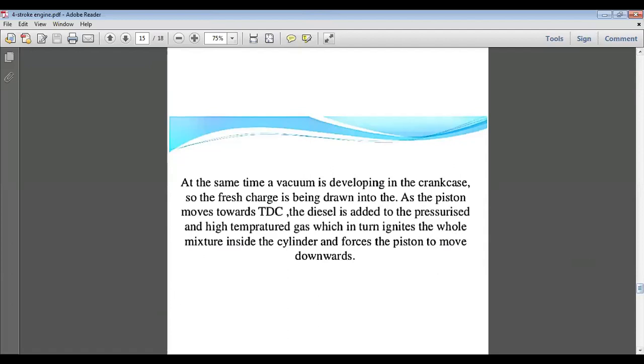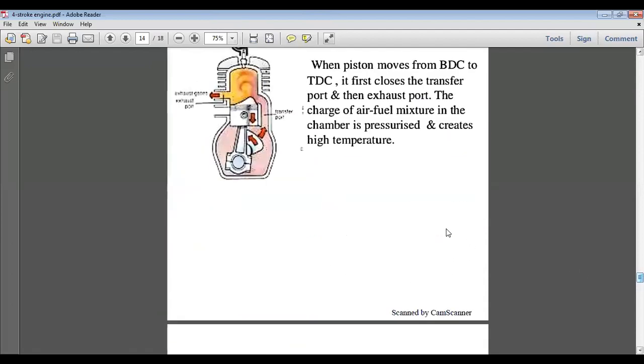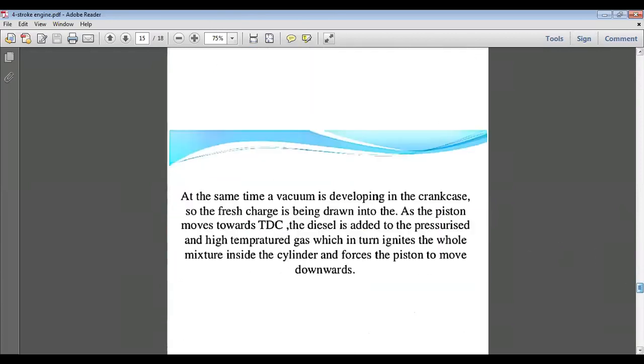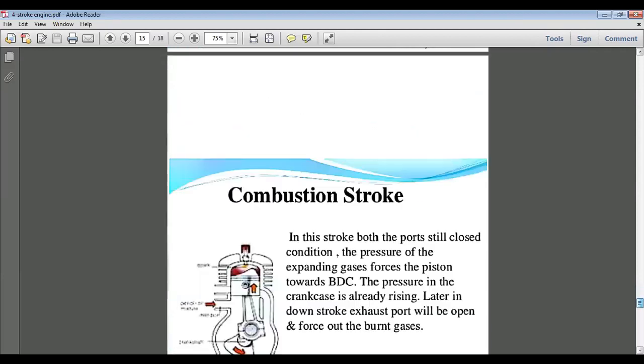So when the piston moves to TDC, the top dead center, the diesel is inserted from this spark plug position. This whole mixture gets ignited and pushes the piston again to the BDC. So again pressure is created inside and the piston moves downwards.